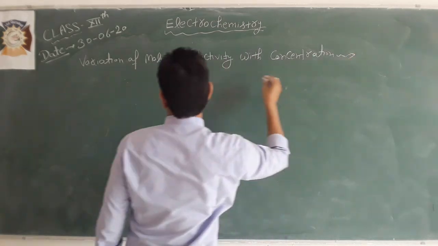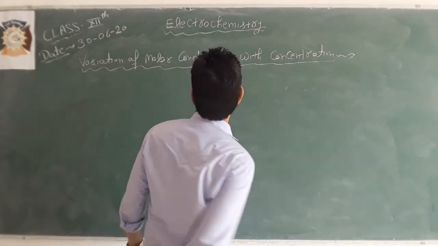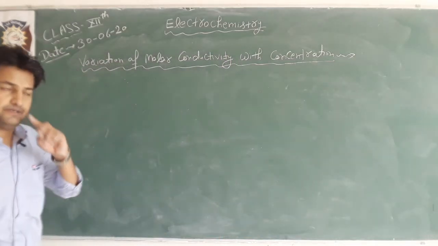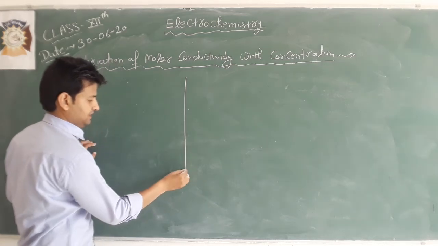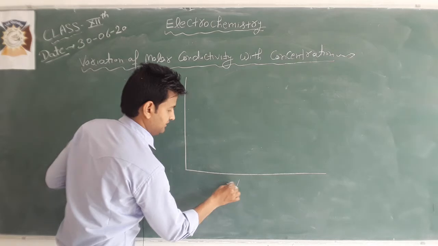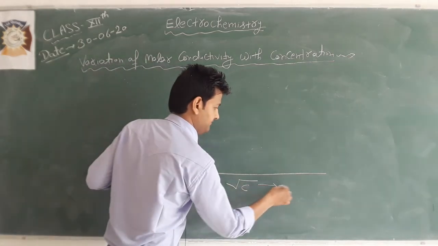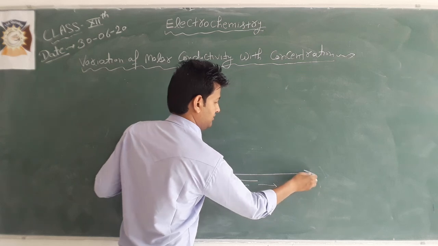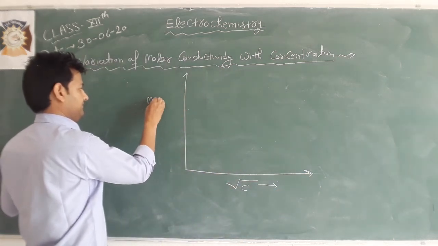For this we draw a graph, variation of conductivity with concentration. We take this graph for the strong electrolyte and weak electrolyte. On the x-axis is concentration, and on the y-axis is molar conductivity.